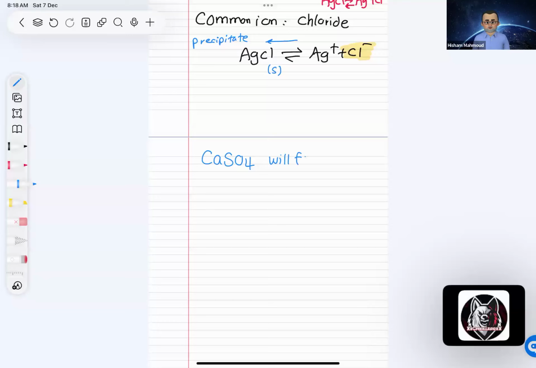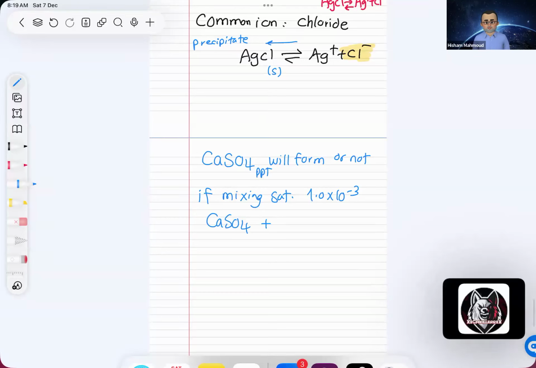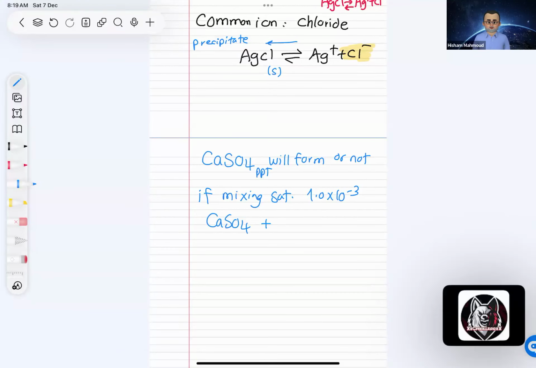Will a calcium sulfate precipitate form or not, if mixing a saturated solution, meaning 1 multiplied by 10 to the power of -3 molar of calcium sulfate, with 1 multiplied by 10 to the power of -3 molar of sodium sulfate?